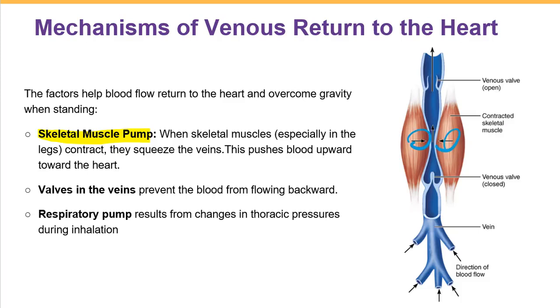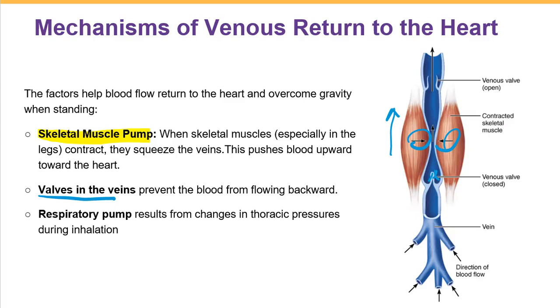So if you're walking or running, that is a lot of help for the skeletal muscle pump, squeezing the veins and pushing the blood upward toward the heart. Also do not forget the importance of the valves. The valves in veins, especially in large veins, prevent the blood from flowing backward. When the blood is pushed toward the heart, the valve doesn't let the blood go backward.